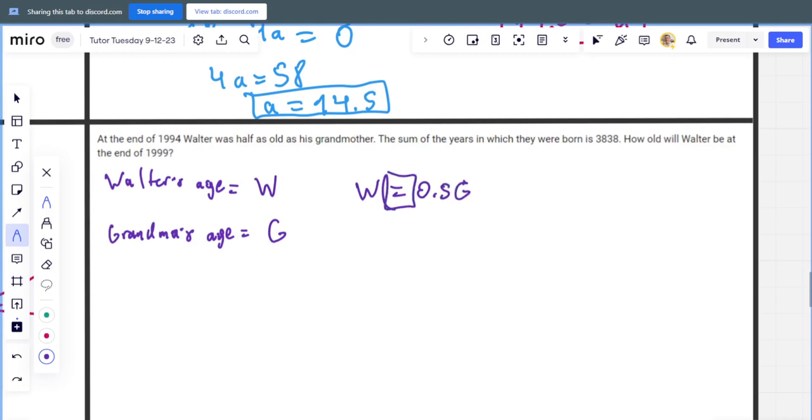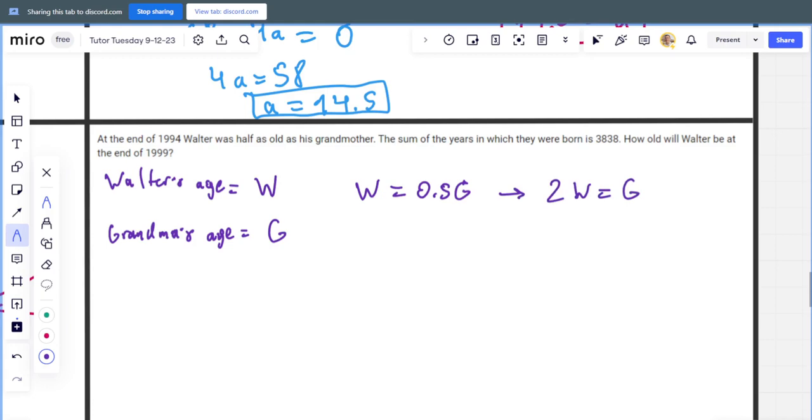Walter's age is exactly equal to half of his grandma's age. It's the other way around of what you wrote. But let's see, does that help us get our answer? I would say that could work. Yeah, that could help us. Or we could say that 2W is equal to G, right?